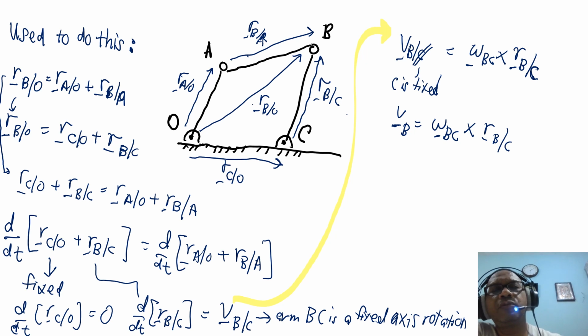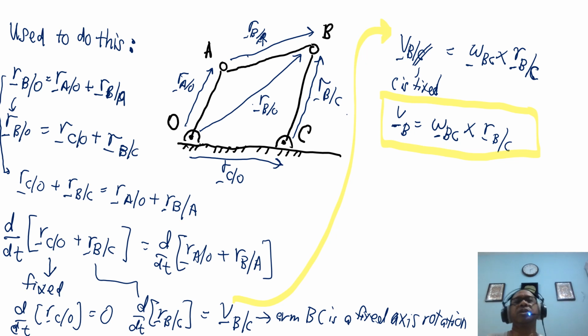And that's the whole issue that I want to bring in. Similarly, if you use the same approach for acceleration, you will also get the same thing. We know this is also fixed, and of course this will bring us to AB.